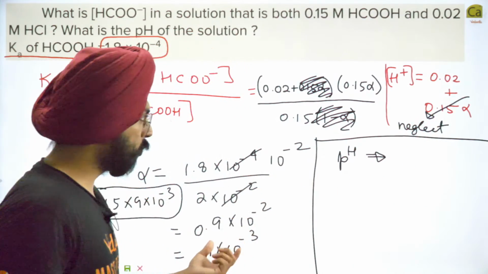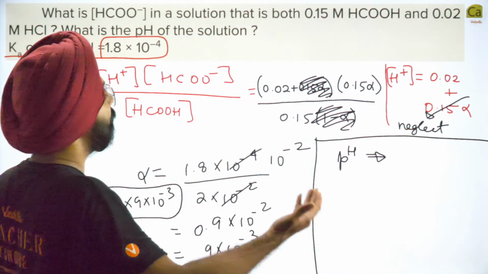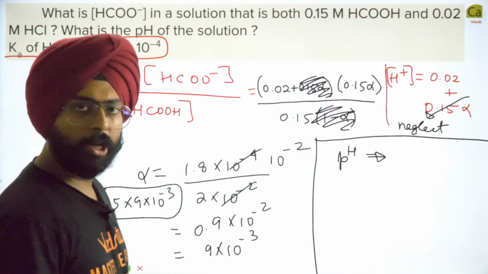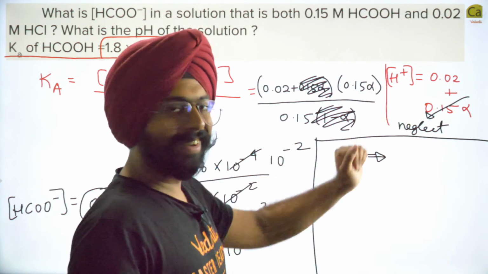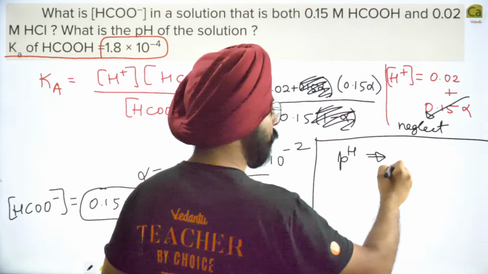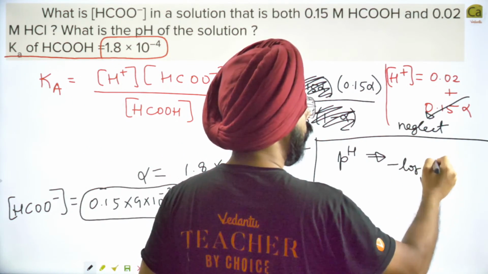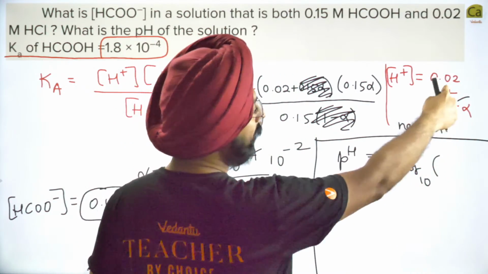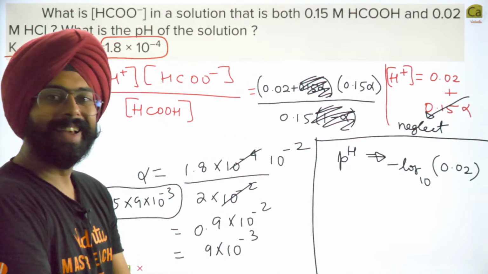Because alpha is so small, let's neglect the contribution of H positive given by the formic acid. Whatever H positive comes from the formic acid, neglect it. So pH here is simply equal to minus log to the base 10 of the H positive concentration, which can be approximated to 0.02. That's it. As simple as that.